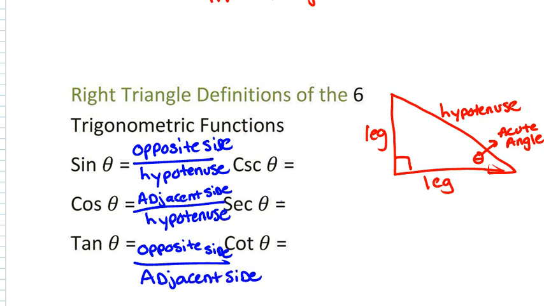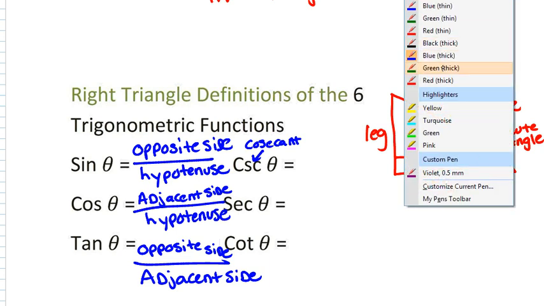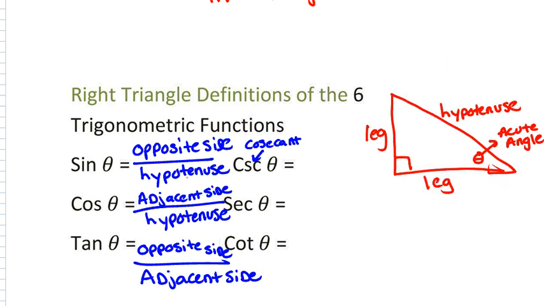And then you have the reciprocal functions. You have the cosecant. That's what CSC means. And it's just the reciprocal of the sine. The sine is opposite side over hypotenuse. The cosecant is hypotenuse over opposite side.